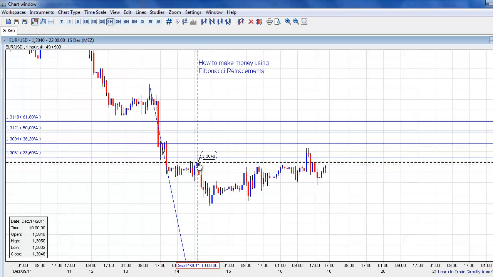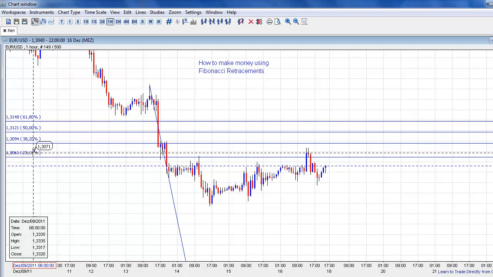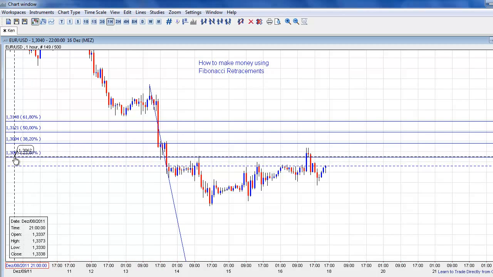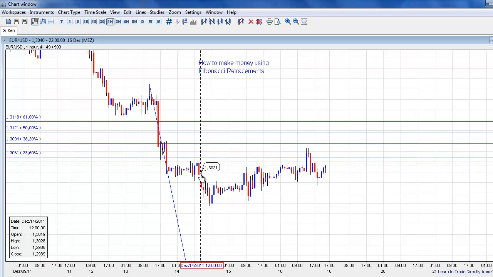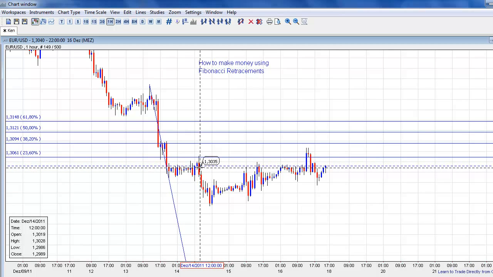What we saw is price found the 23.6%, which was roughly 1.3061 on the euro dollar, held a nice resistance, spiked up, did not close at this level, it closed lower down, but this provided an opportunity for us to enter a trade to the downside.